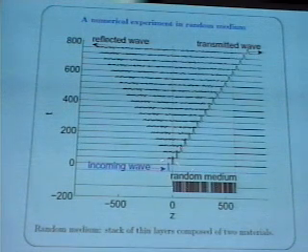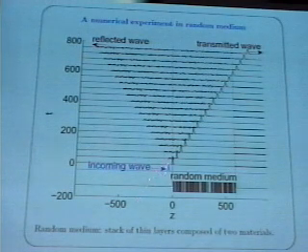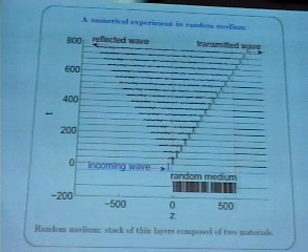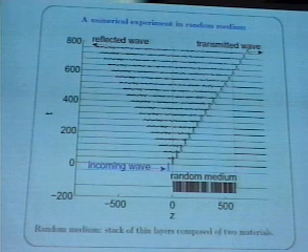You have your incoming wave, which is entering into your medium, and you have multiple scattering, multiple reflections, which are going out of the medium, and your pulse is propagating into the medium. Here the random medium is very simple. This is just a stack, as I told you, of about 3,000 layers, consisting only of two alternating materials, and only the thicknesses of the layers are randomly varying. They are different from one layer to the other.